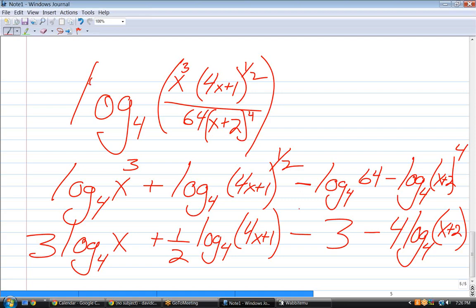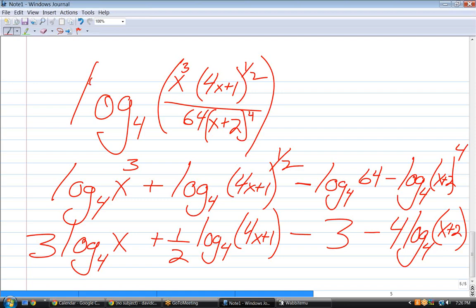In fact, I guess we do need to turn that into a 3. In other words, everything else still has a variable in the argument, so we can't simplify it any further. But we can definitely simplify that to a 3.